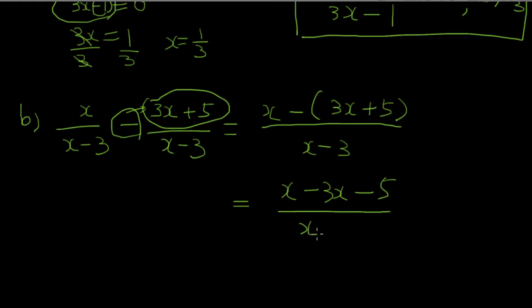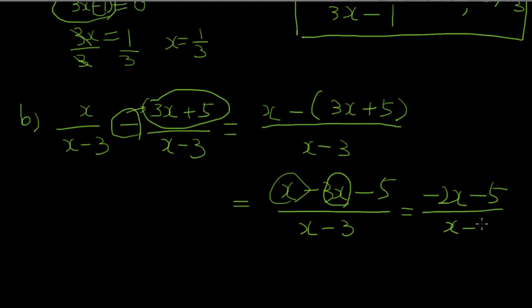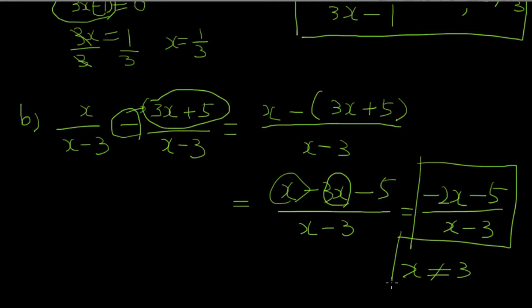Combine those two like terms together: x minus 3 minus 2x minus 5 over x minus 3. And of course, x cannot be equal to 3, right? If x equals 3, then the denominator becomes 0. So there you go. This is what we have.